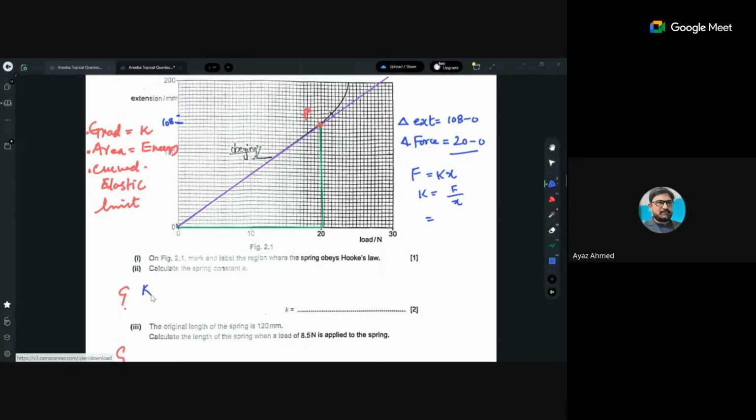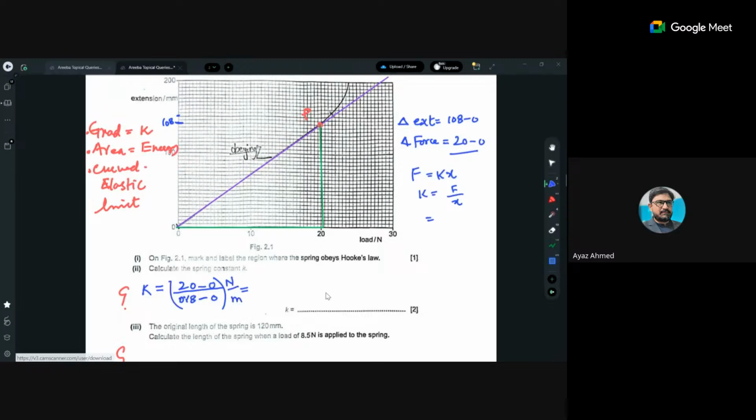So you will write K equals 20 minus 0 divided by 108, which is in millimeter, so it is basically 0.108 meter minus 0. Please calculate this all. This is Newton per meter, right?